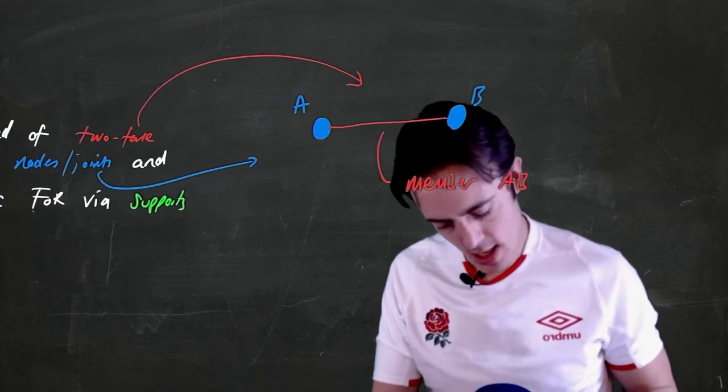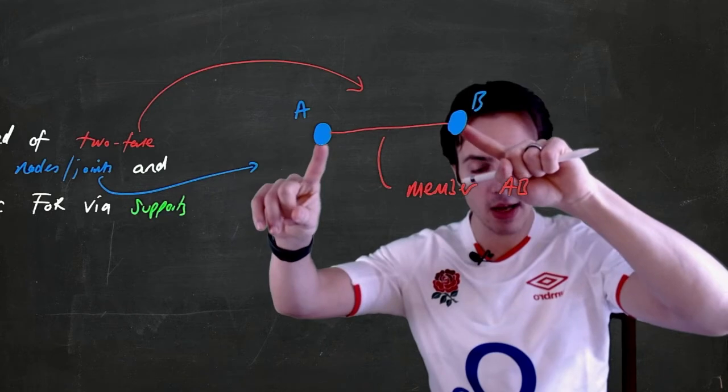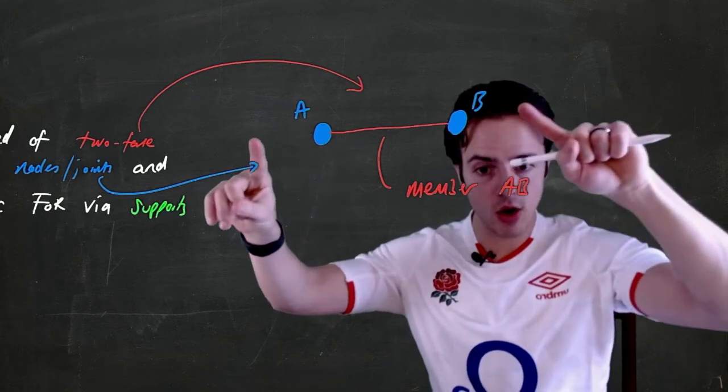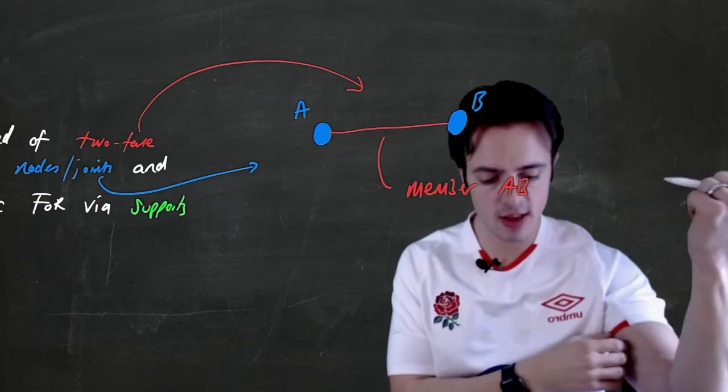Okay, and we call it a two-force member because it can only take forces along this central axis, which is along its principal axis.